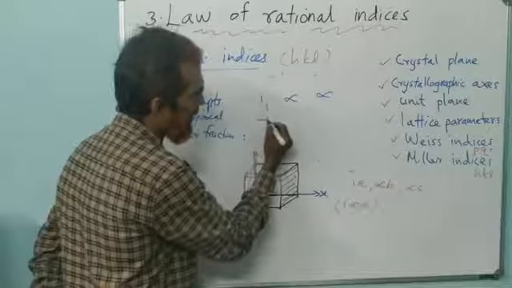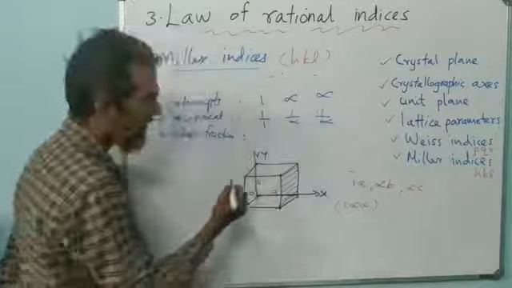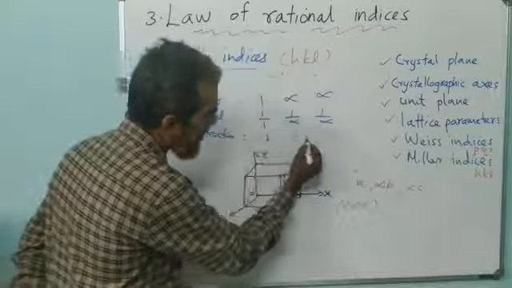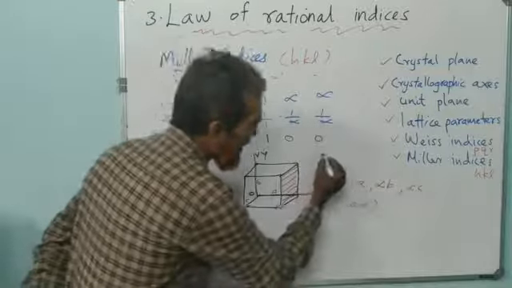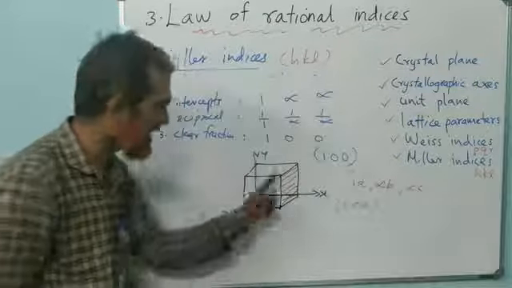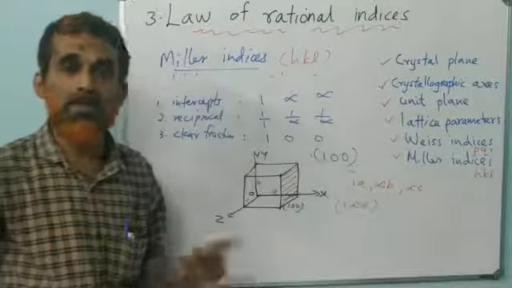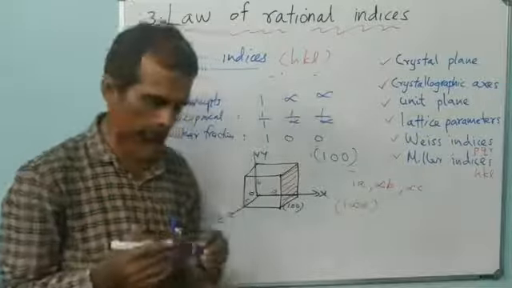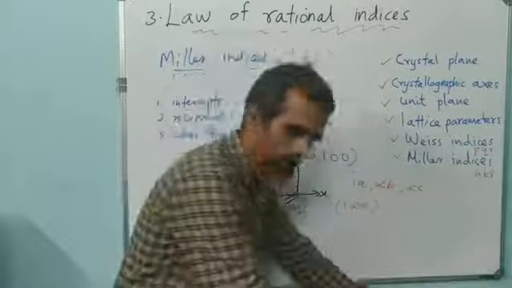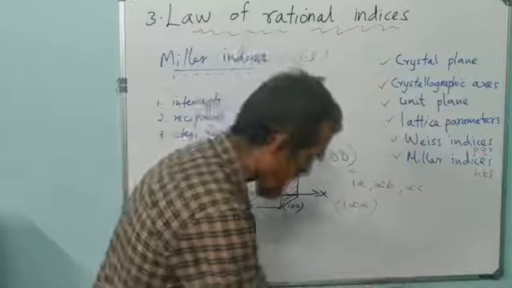Take the reciprocal: 1 by 1, 1 by infinity, 1 by infinity. What is it? 1, 0, 0. The Miller index of this plane is (100). This plane is represented as the (100) plane. It is defined now. That is the purpose of converting the Weiss index into the Miller index.